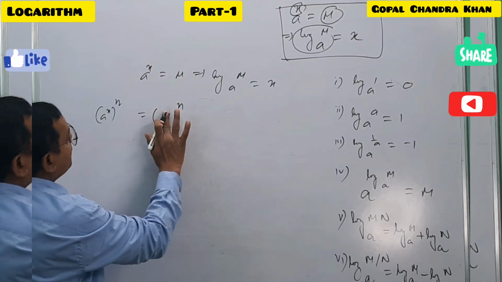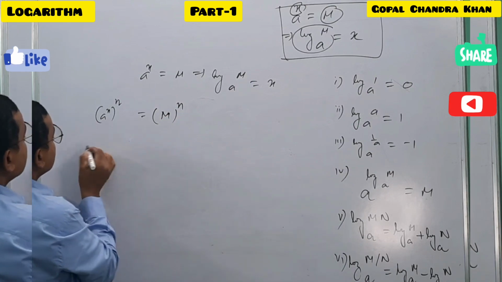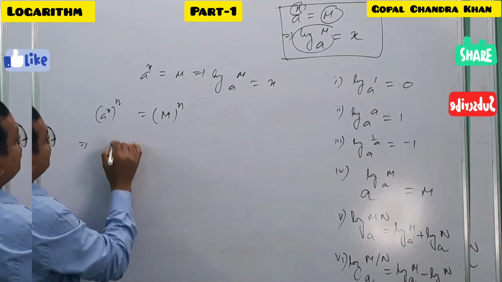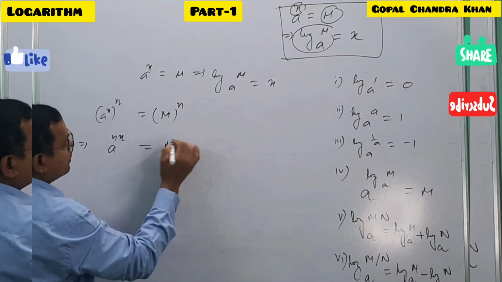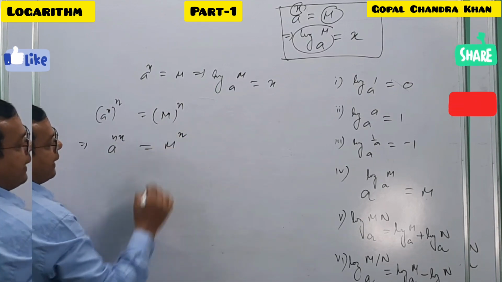Now if it happens like that, by indices calculation n into x will be multiplied, and here it will be m to the power n as it is.